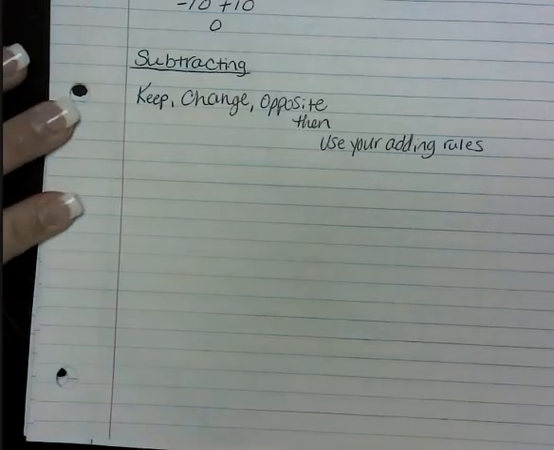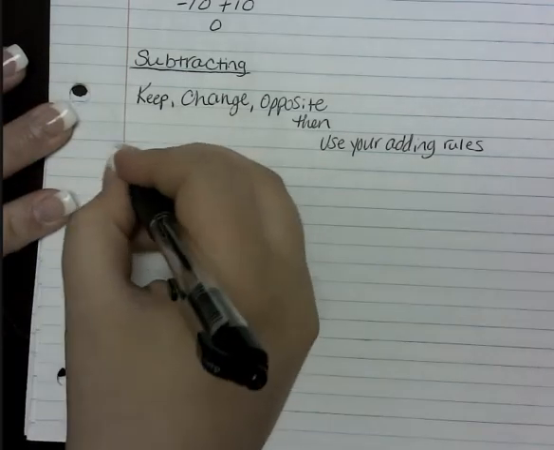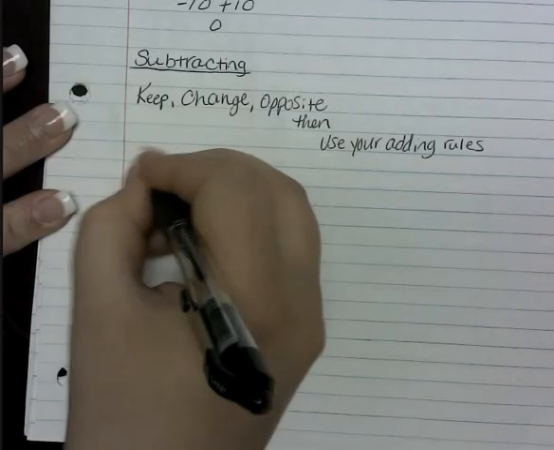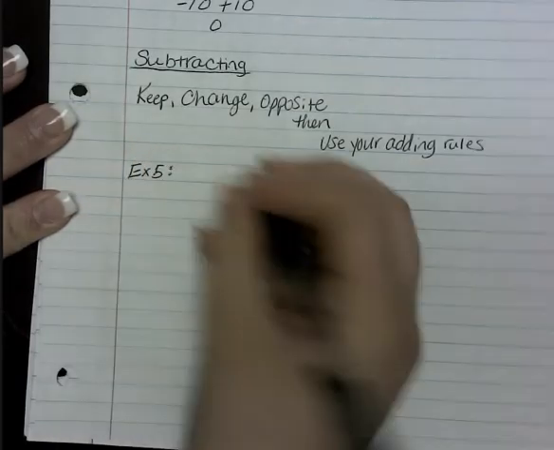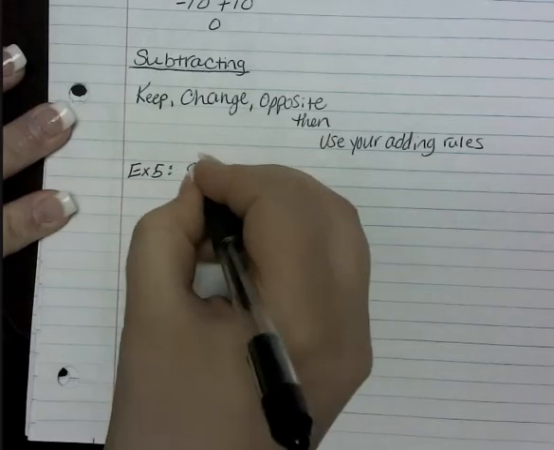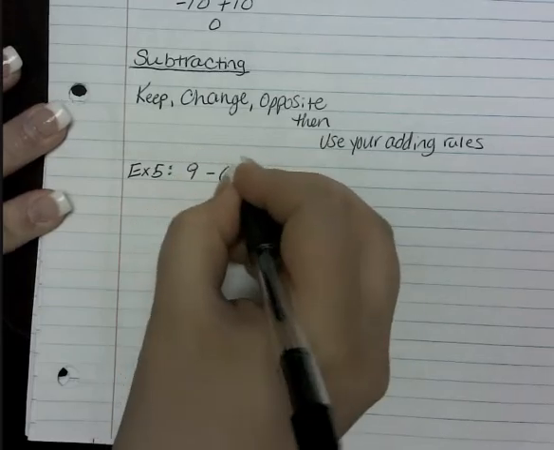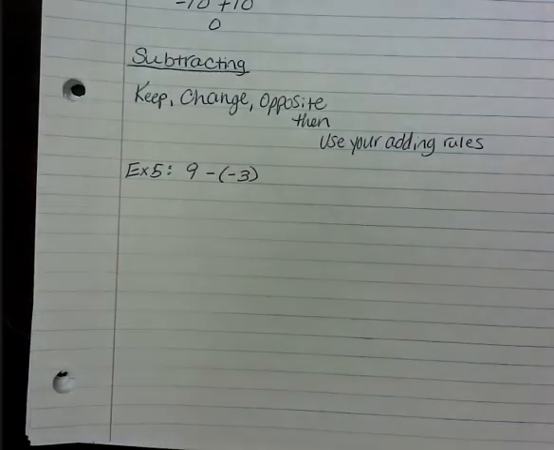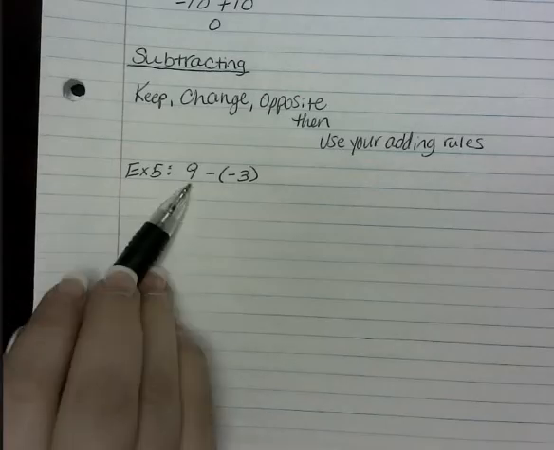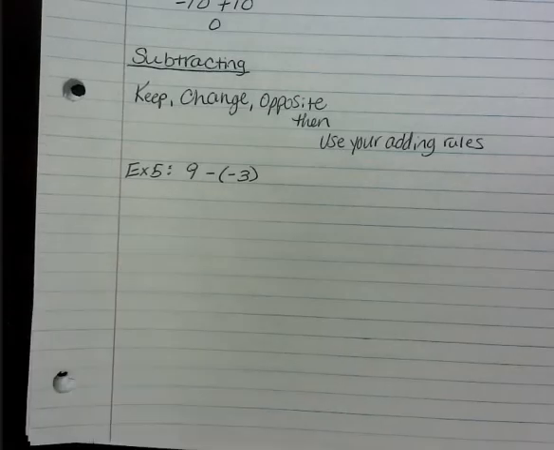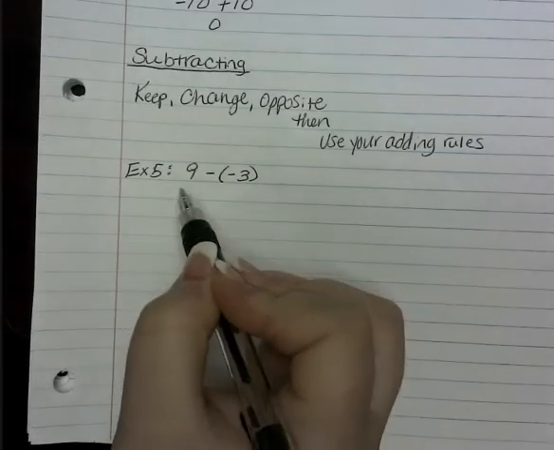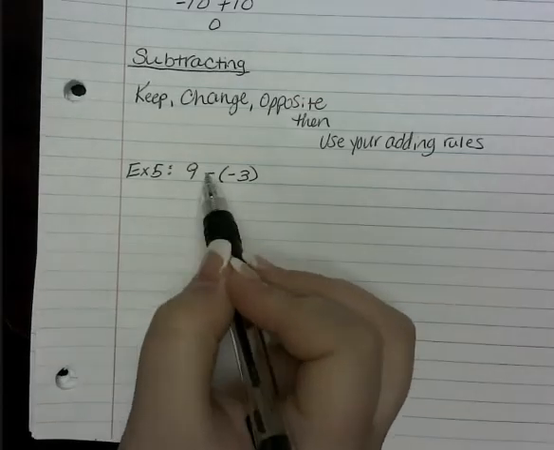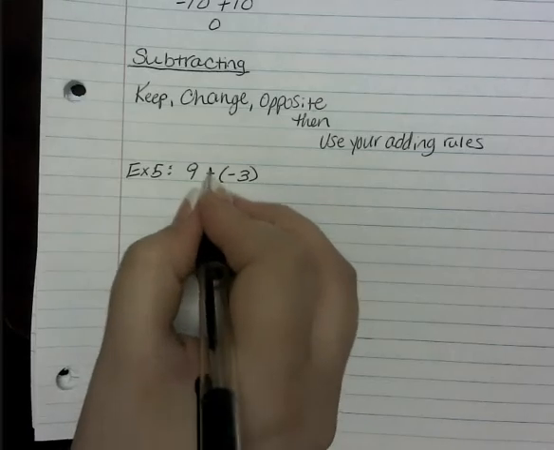So let's start off with example 5. And let's say that we have 9 minus negative 3. So notice that this is a subtraction problem. So our rule tells us that we keep this first number the same. We're going to change this subtraction to addition.